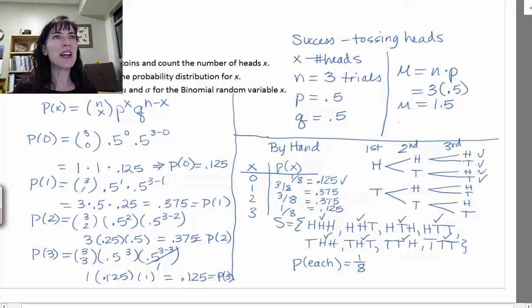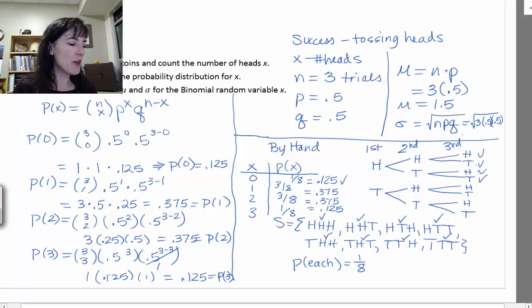Okay, and then I need sigma, and that is going to be the square root of n times p times q. For this case, it's going to be n, which is 3, times 0.5 times 0.5, which is my q.